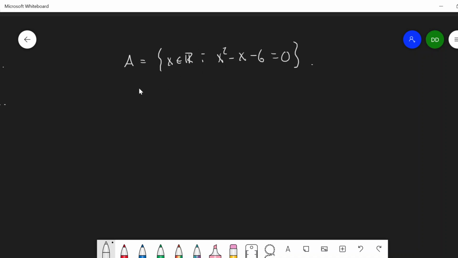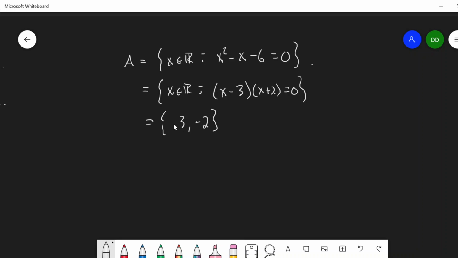Factoring this, I could change around my open sentence and rewrite this as x minus 3 times x plus 2 is equal to 0. Then it's easier to figure out what x values make this open sentence true. Here it's x equals 3 and x equals -2. So it's the set containing these two elements, 3 and -2.